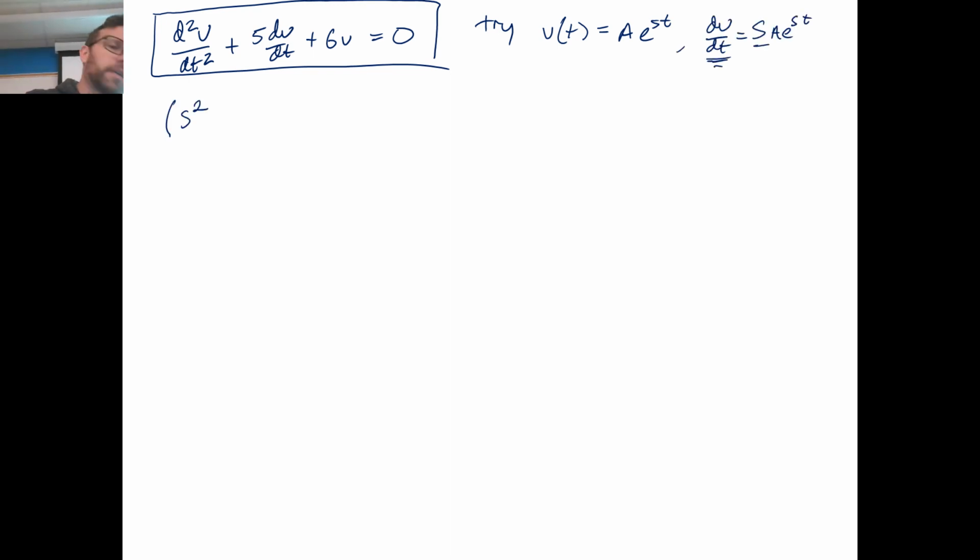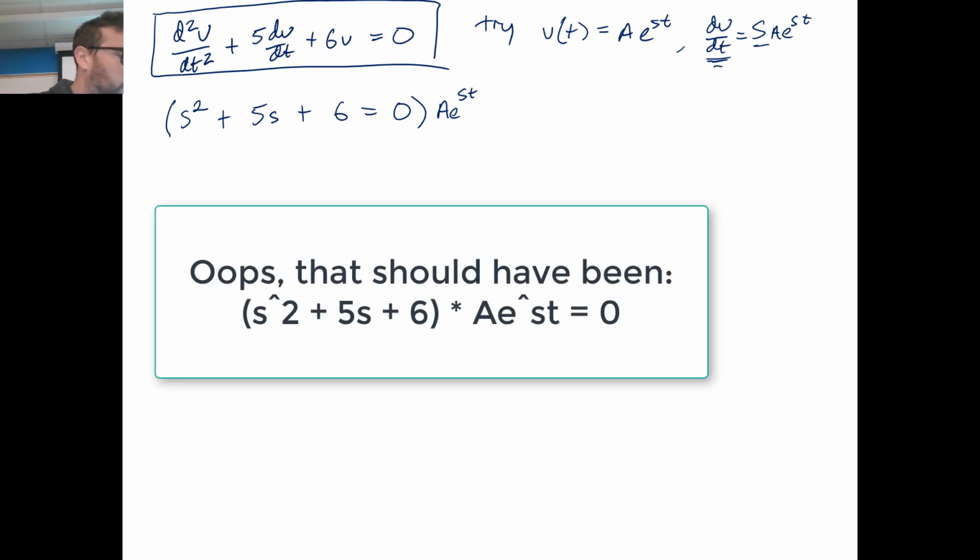So we have an s squared plus 5s plus 6 is equal to 0. Okay. Oh, by the way, all times A e to the st is equal to 0, right?